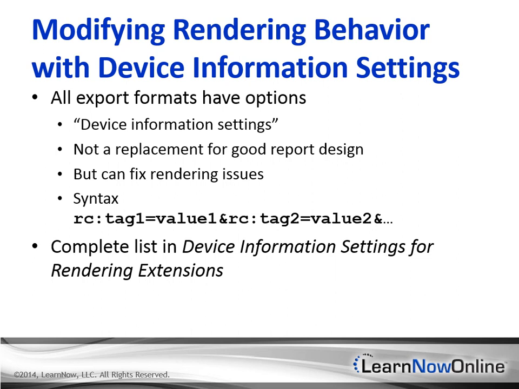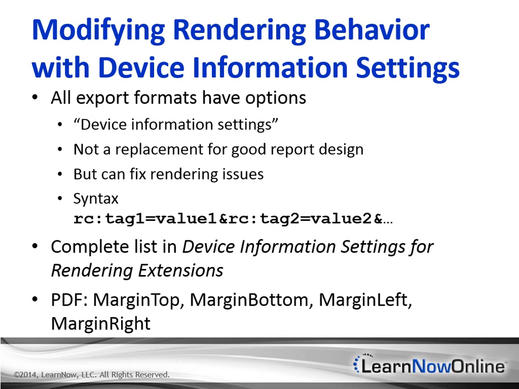Okay, so for example, a few of the device information settings for the PDF renderer let you set the margins of a report in PDF format using MarginTop, MarginBottom, MarginLeft, and MarginRight. And as you'd expect, these modify the size of the specified margin using a setting of inches.